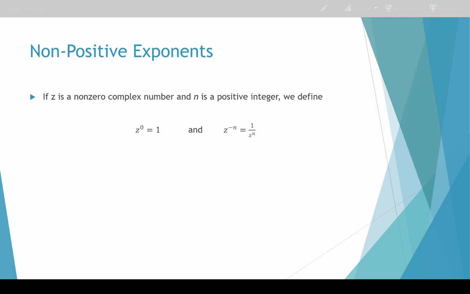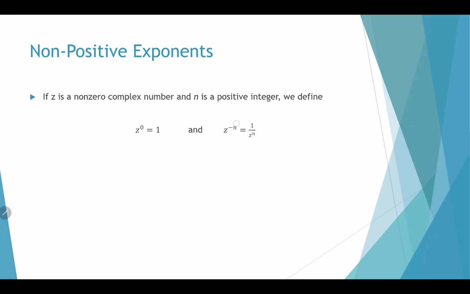The reason I'm doing it this particular way is to justify that the negative out front is not the number. The negative is attached to whatever is put in its place. In this case, my positive integer n, right? So that's what's put here. And we define that as 1 over z to the n.